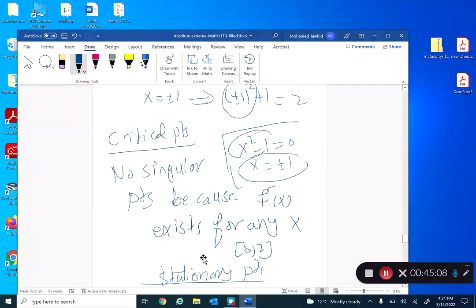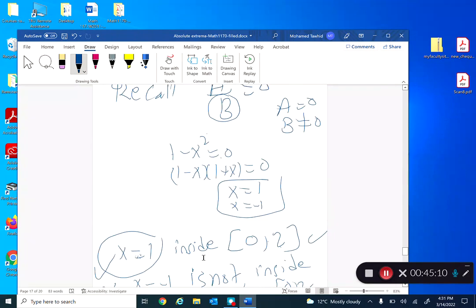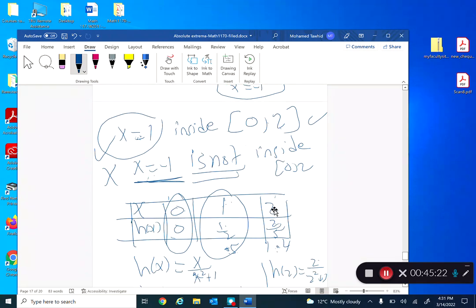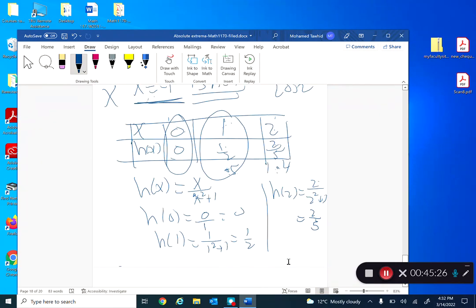Then I have to find the stationary points. I got 1 and -1. But I have to check which one is inside the domain, and that is the one I should consider. The one not included in the domain is the one I should escape.